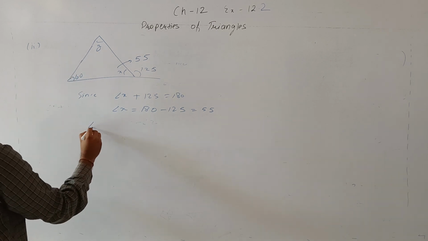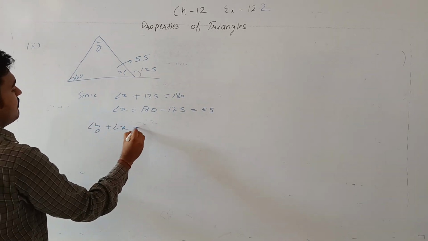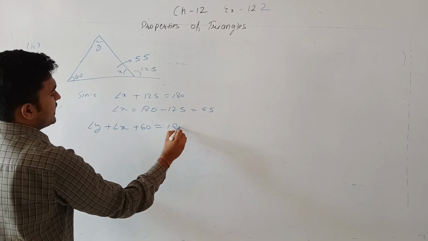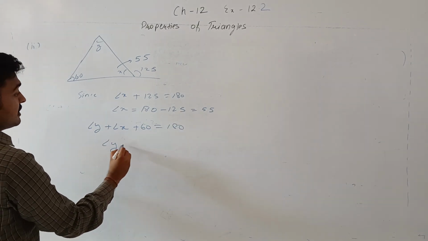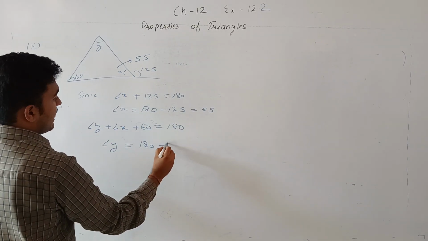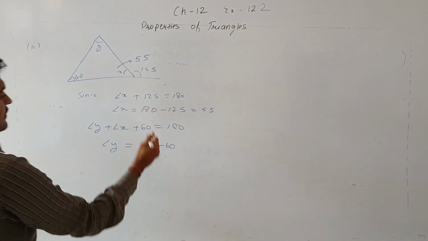So again angle y plus angle x plus 60, the sum is 180. Therefore angle y must be equal to 180 minus 60 minus angle x, which is 55.